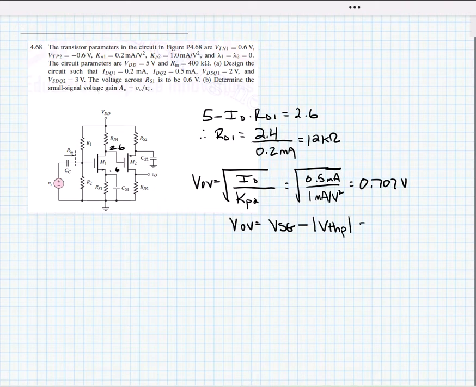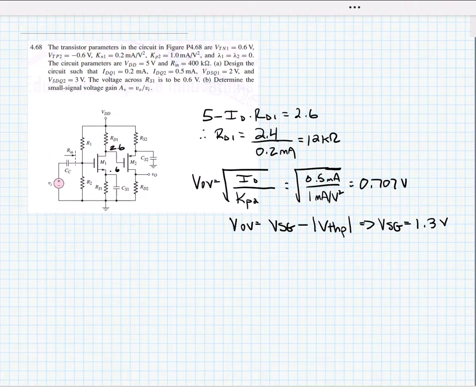So we can say that VSG is equal to 1.3 volts. I'm going to drop the 0.007 for convenience.